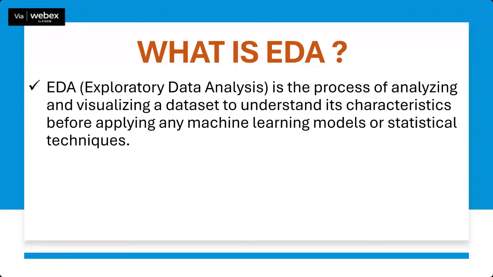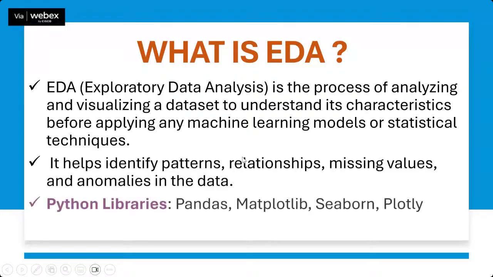Exploratory data analysis is the process of analyzing and visualizing a dataset to understand it before applying any ML model or statistical technique, and to clean the data. It helps identify patterns, relationships, missing values, and anomalies in the data.